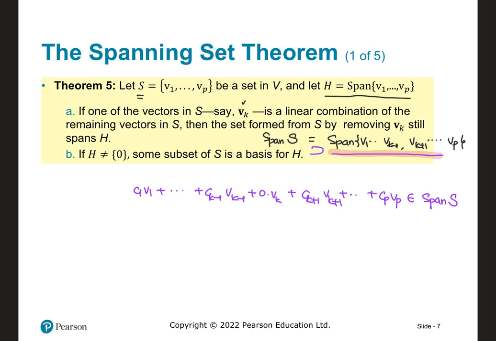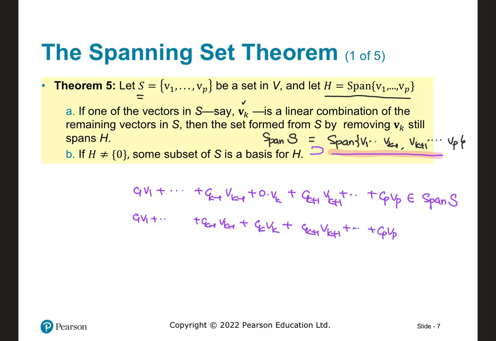Now, if I choose an arbitrary element from span of S, that will be C1 V1 up to C(k minus 1) V(k minus 1) plus Ck Vk, and C(k plus 1) V(k plus 1) up to Cp Vp.